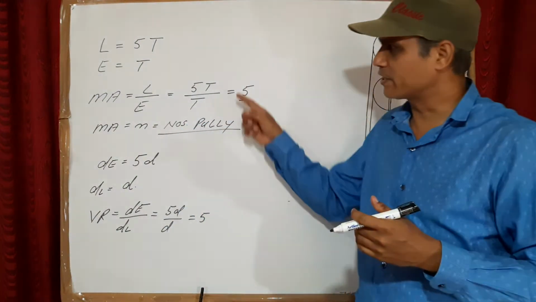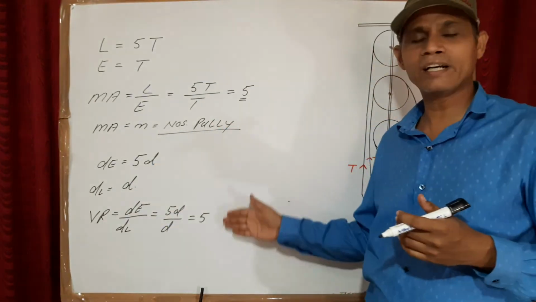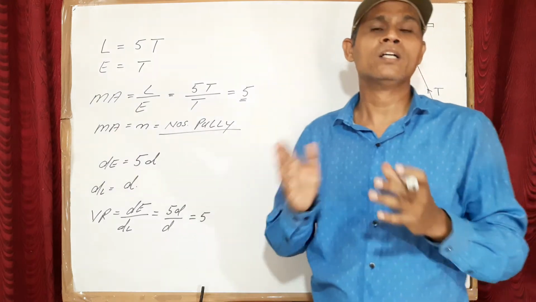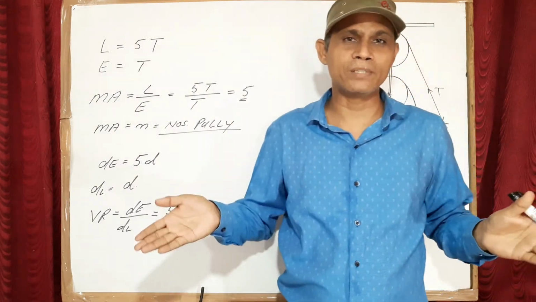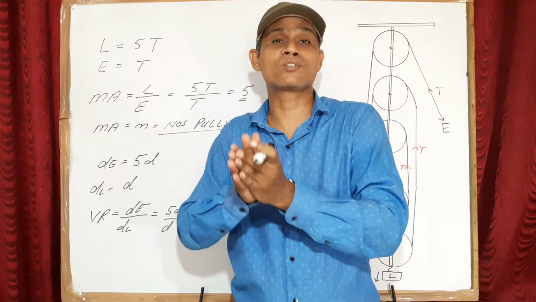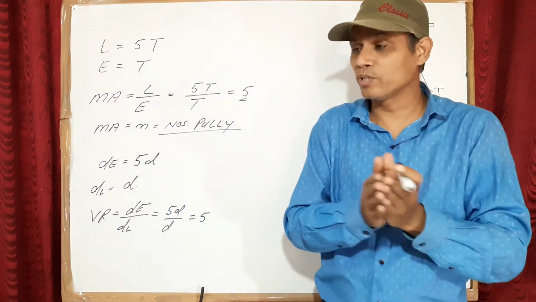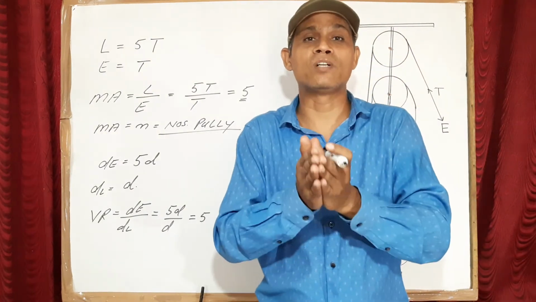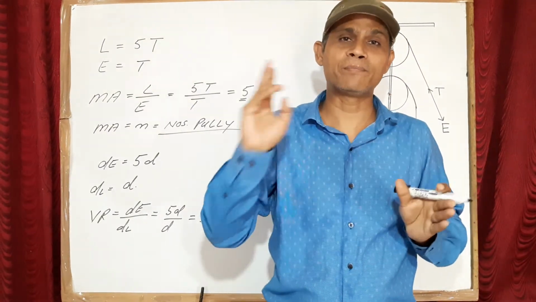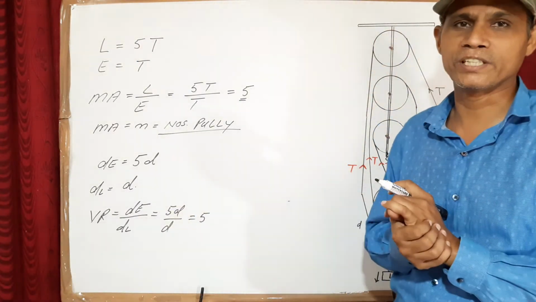Efficiency, you know, is mechanical advantage by velocity ratio. 5 divided by 5 is equal to 1. 100% efficiency will be there, but only in the case of ideal pulleys; in actual practice, efficiency is never equal to 100%. Keep it in your mind. In the ideal case, you will have 100% efficiency.